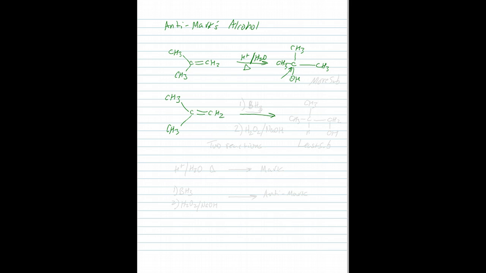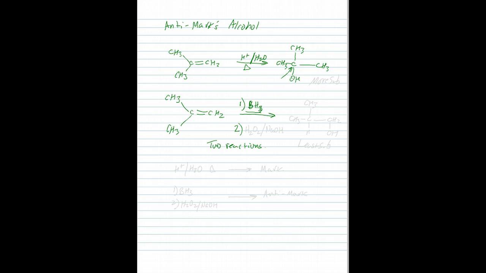The reagents, there are 2 reagents. This is going to be a little different than what we've seen. You're going to see a 1 and a 2. The 1 and the 2 means it's a 2-reaction process. The first reaction is adding the BH3. BH3 is what's called a hydrating agent, and what you're doing is adding a hydrogen onto your molecule.